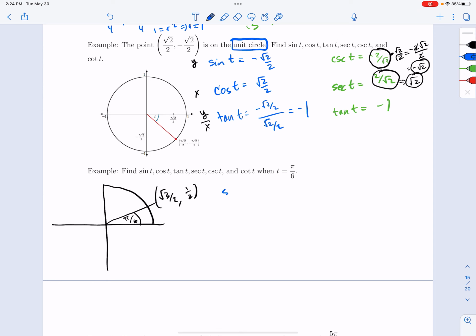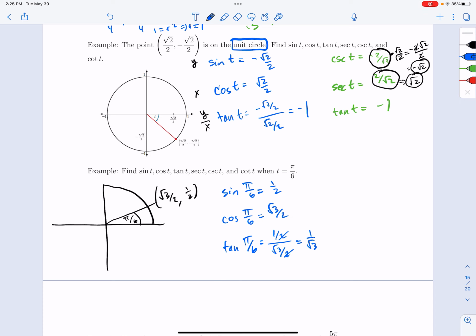Okay, so sine of pi over 6 is equal to 1/2. Cosine of pi over 6 is equal to root 3 over 2. Tangent of pi over 6, well, this is the y coordinate over the x coordinate, so 1/2 divided by root 3 over 2. Anytime I have that, the 2's are going to cancel, and I can write this as 1 over root 3.